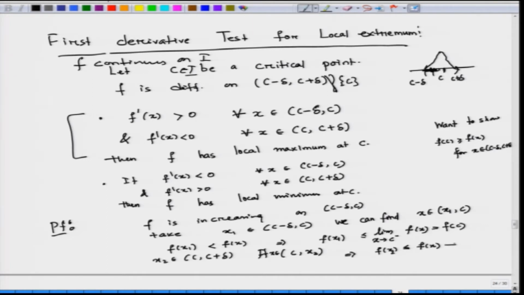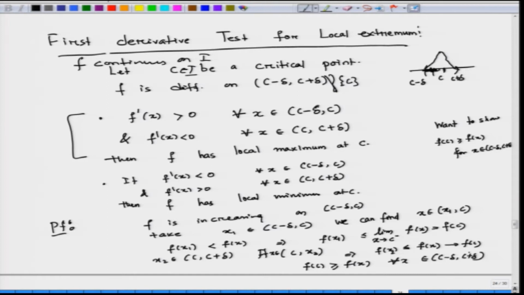Similarly the limit goes to f of C. So, f of C is greater or equal to f of x. So, in any of these cases, f of C is greater or equal to f of x for all x belongs to C minus delta to C plus delta.